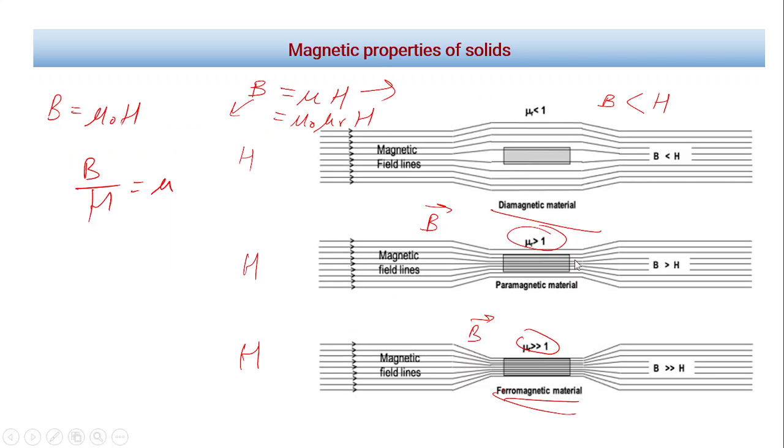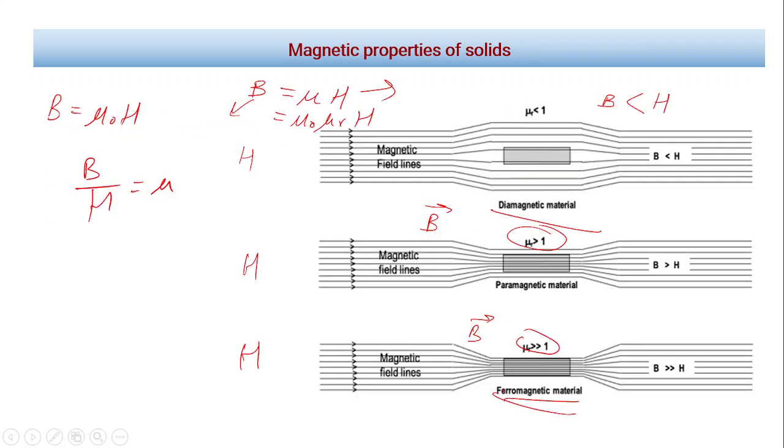This was what we saw in this figure: a material with permeability less than 1 will not readily let the magnetic lines of force pass through it, whereas in materials where magnetic permeability is more than 1, it will allow the magnetic lines of force to pass through more. And for materials with even higher permeability, this B is even higher.